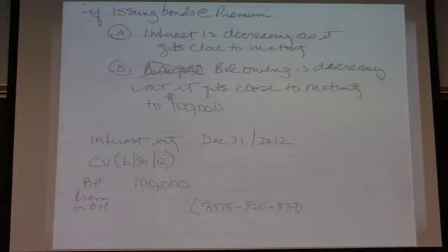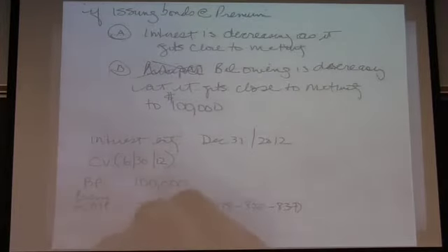So that is 8,978 minus 820 minus 837 is 7,321.